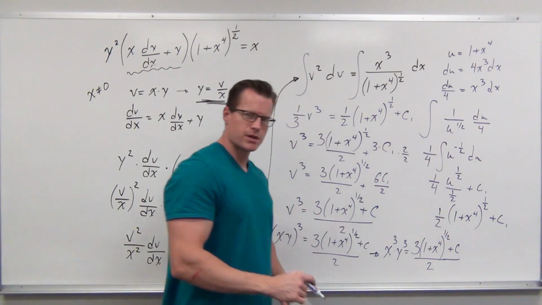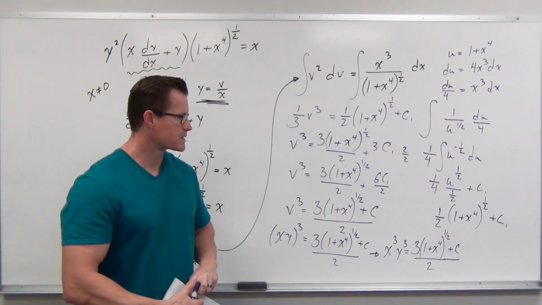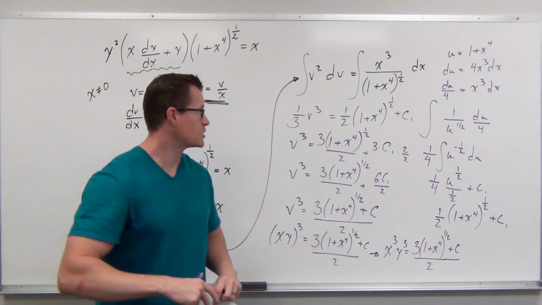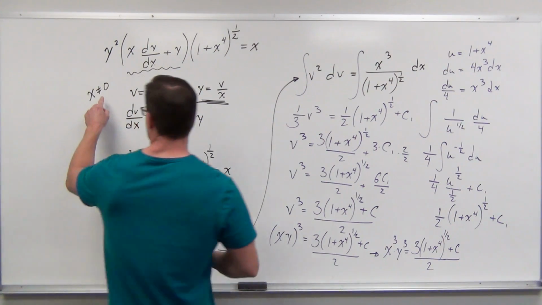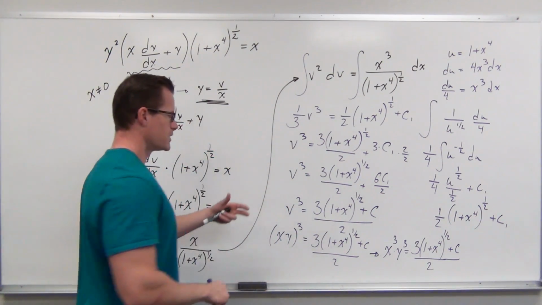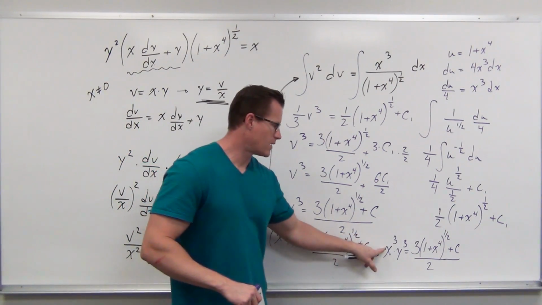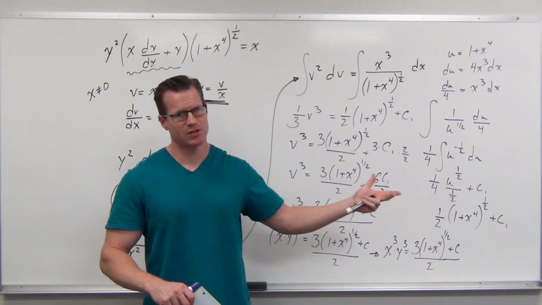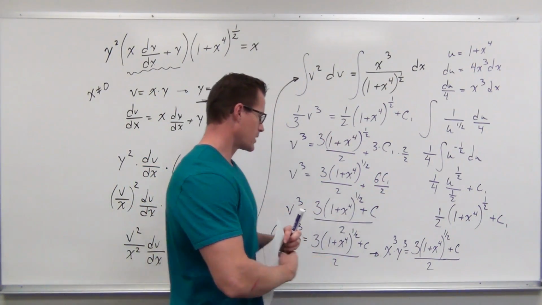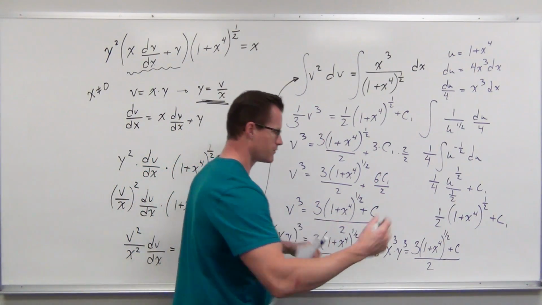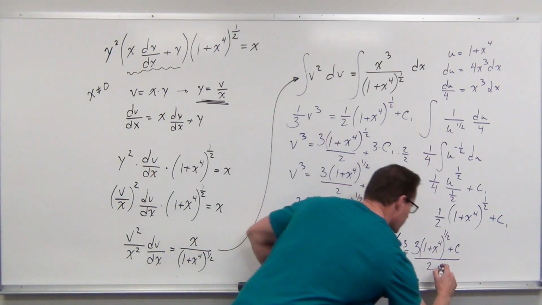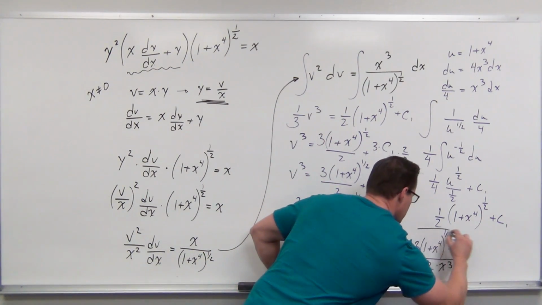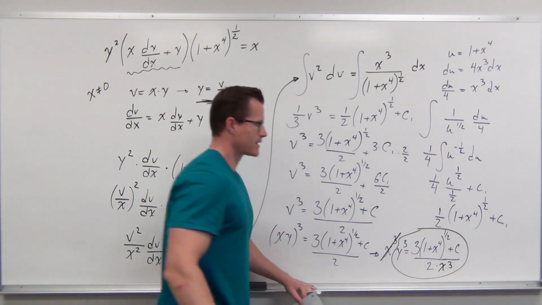And this is the reason why I chose to write this as one fraction, because now we can divide both sides by x cubed. We already have our domain restriction, we can do that. If we divide by x cubed, we just now have x cubed on the bottom of one fraction instead of splitting this over two fractions. That's the reason why we do it. So let's just divide everything by x cubed. This is gone, we get x cubed. And that's what we're looking for.